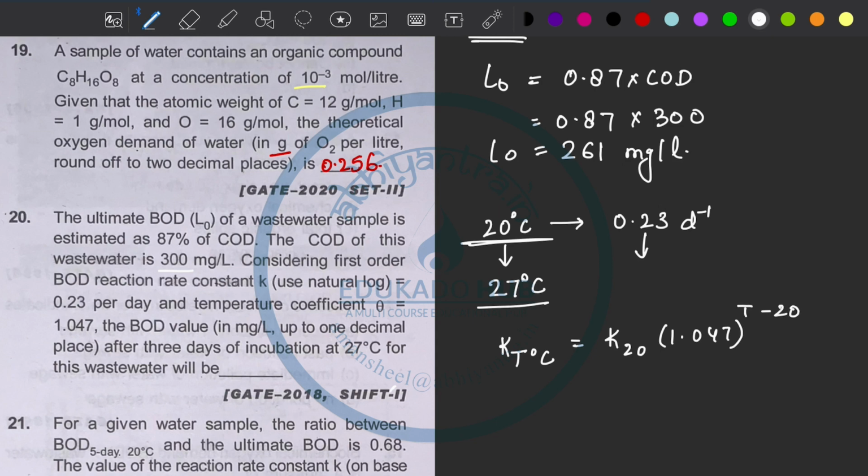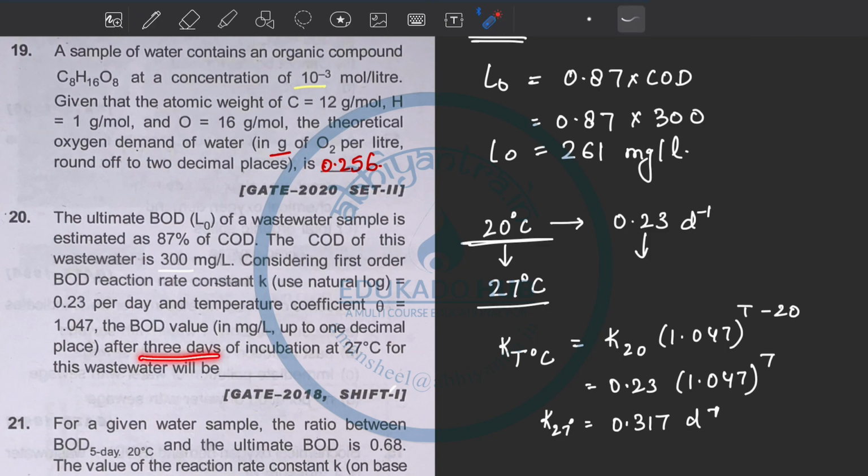So I get 0.23 times 1.047 to the power 27 minus 20. So the reaction rate constant at 27 degrees Celsius comes out to be 0.317 per day.